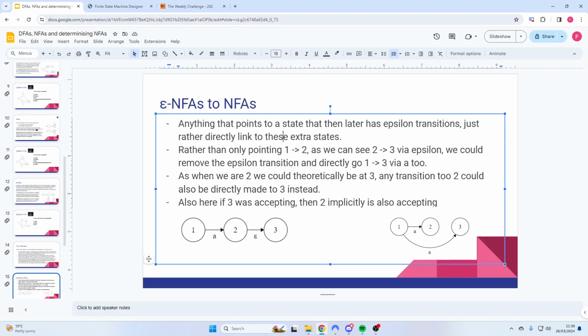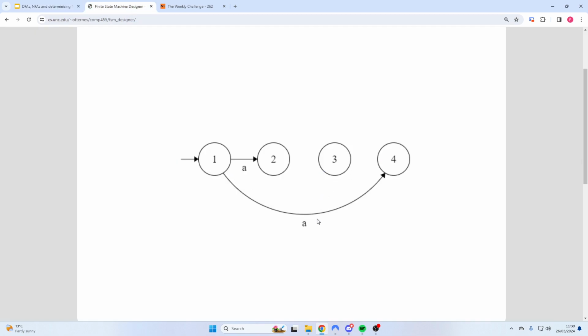And also, finally, we need to consider the accepting states. So let's say we come back to here. And like I said earlier, let's say 4 is accepting. If we're at 2, we're also at 3. The way I think about it is, if we're at 2, we could also be at 3.